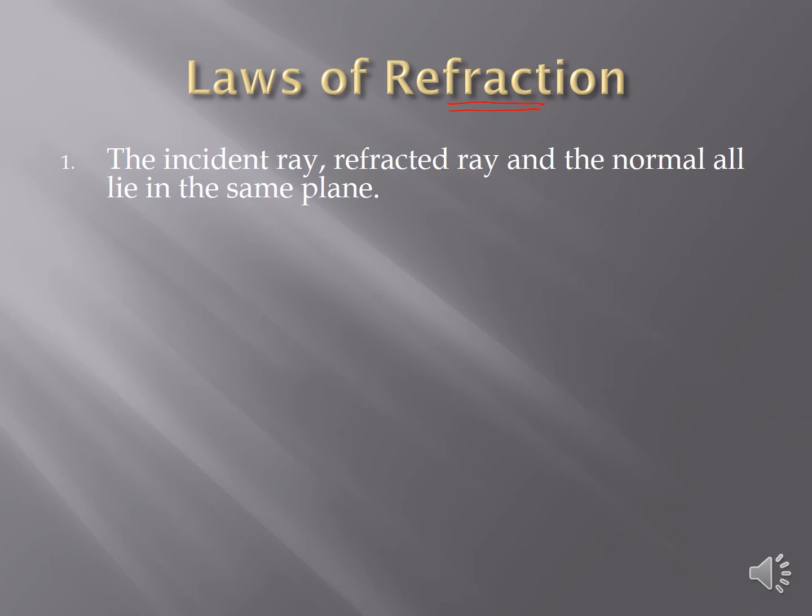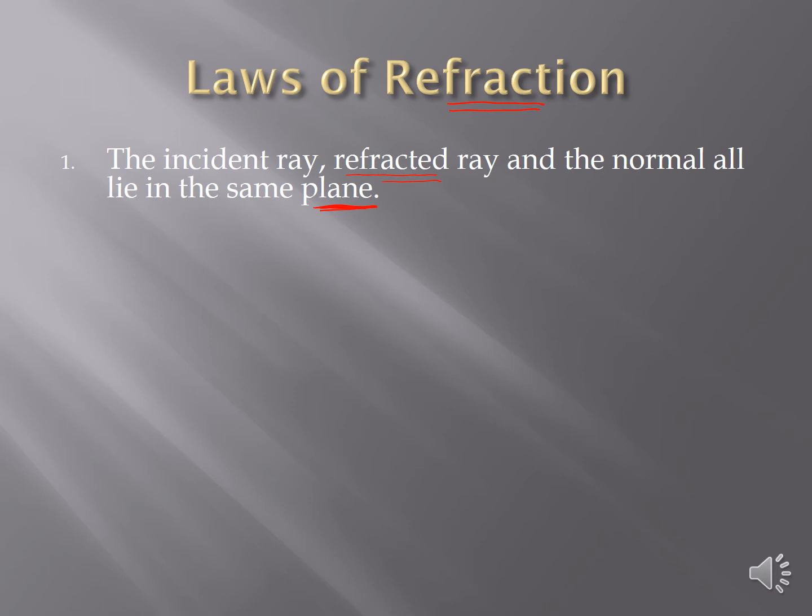Now this is practically identical to the first law of reflection, except this word here changes to refracted ray. The term plane, recall, means a flat surface in space, and it means that the rays don't suddenly decide to twist and come out of the plane, or out of the page if we're drawing a picture on a page.